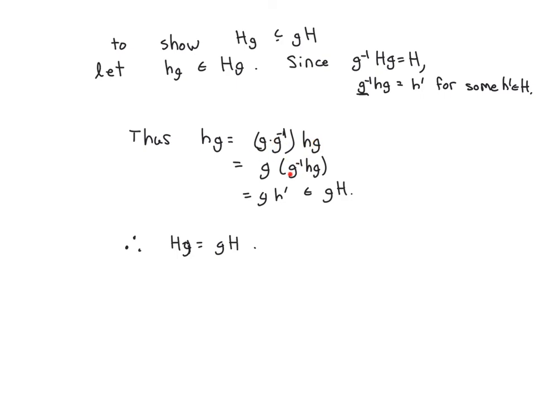Use associativity, and now substitute h prime for this expression. And now I've got something in the other coset. And so I managed to show that I can refactor. And so I have inclusion in the other direction, so the right coset is equal to the left coset.